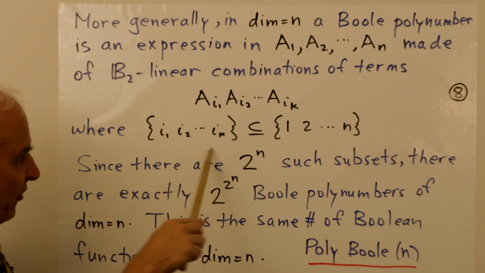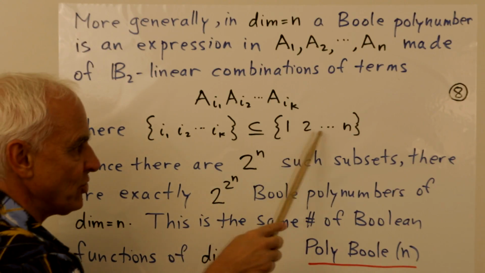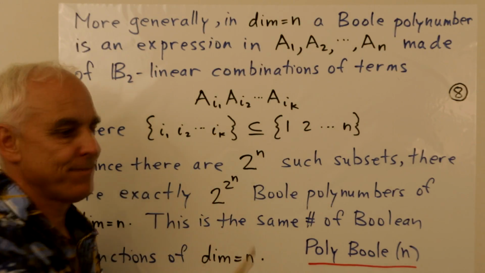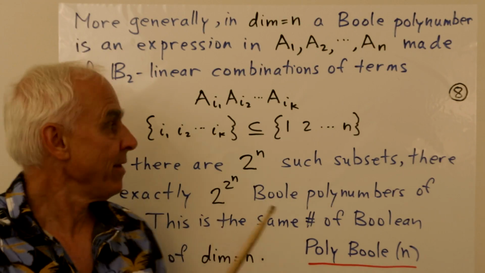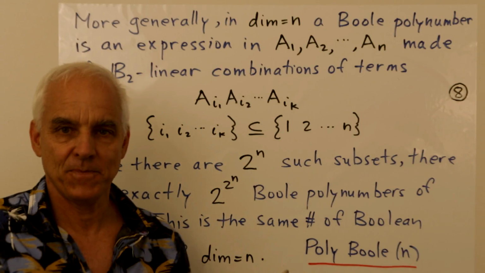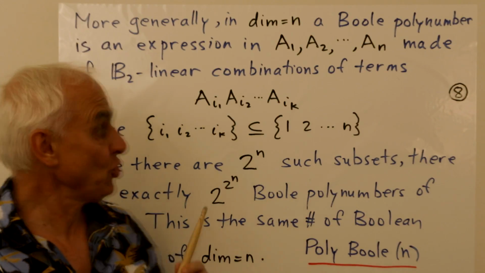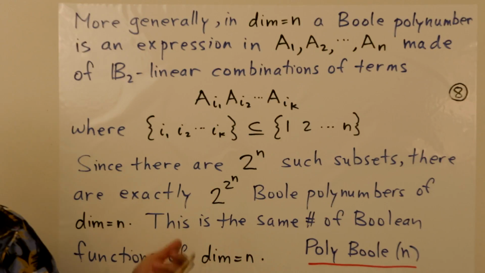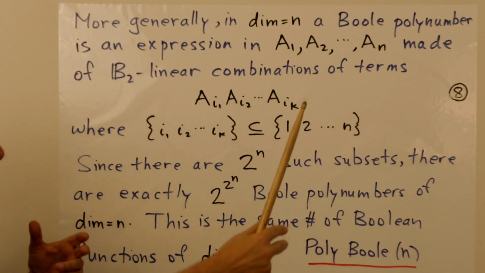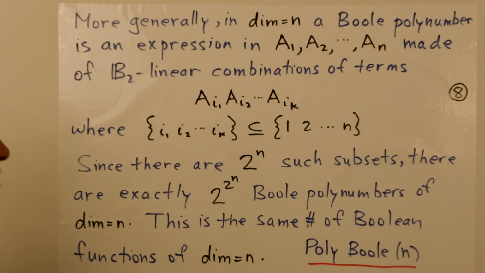So if we choose a subset, i1, i2 up to ik, of the set 1, 2 up to n, then from that subset we can create a term, the product of a sub i1, a sub i2 up to a sub ik. And that will then be a constituent, one of 2 to the n such constituents that we can add together to create a general Boole polynumber in this dimension.